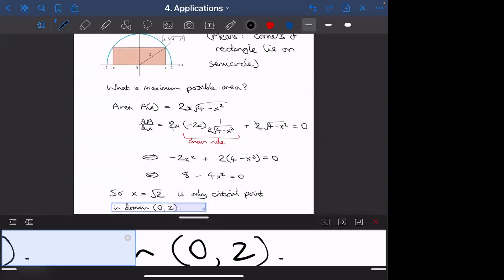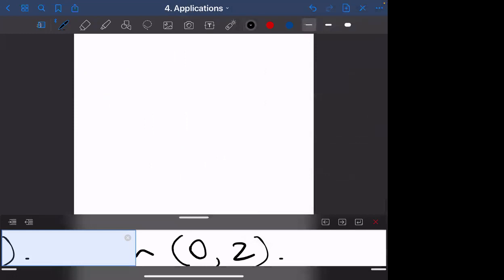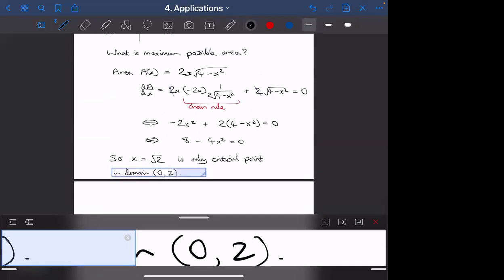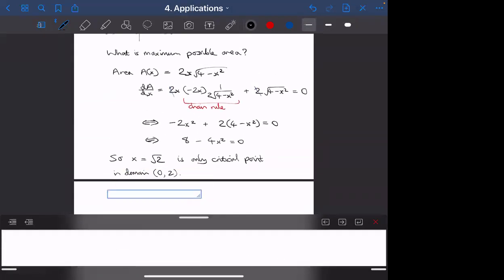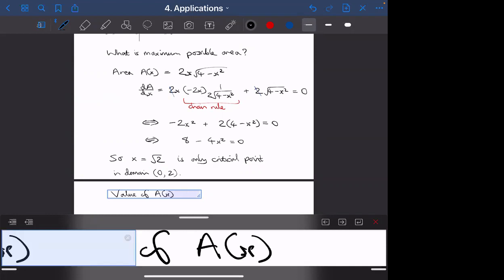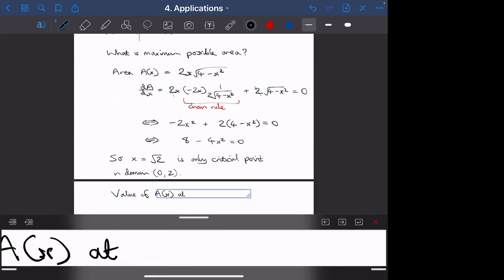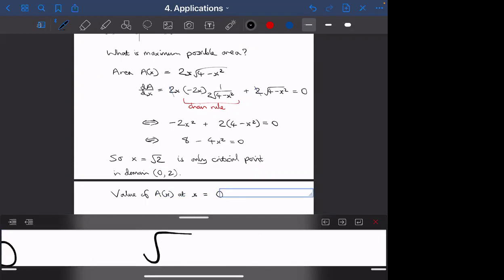So again, we evaluate values of A(x) at the endpoints 0 and the critical point square root of 2.